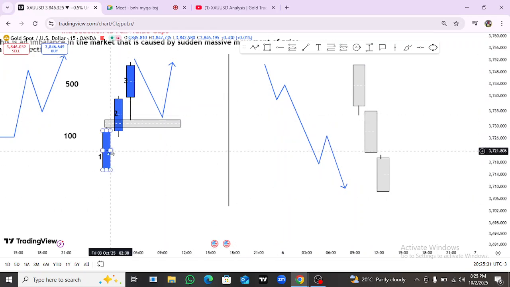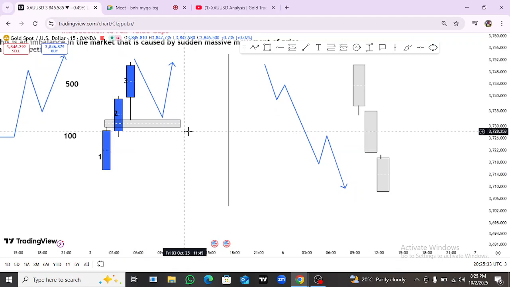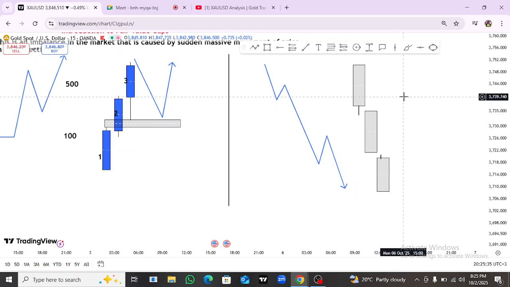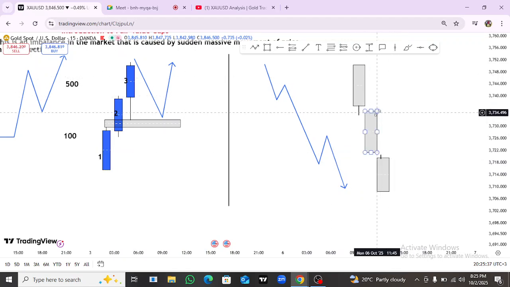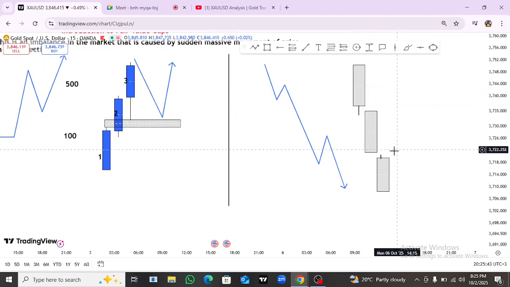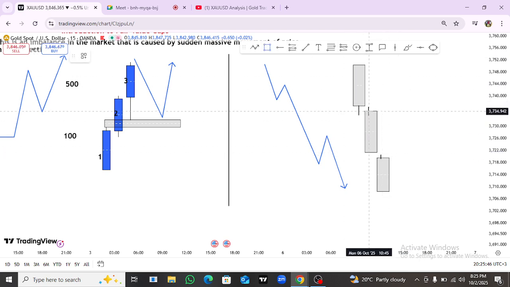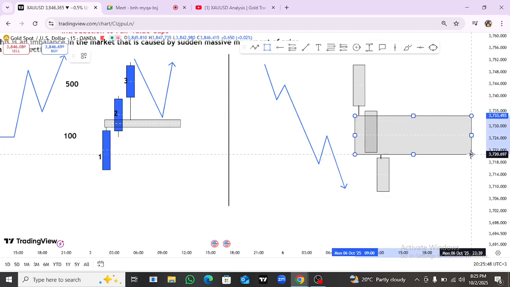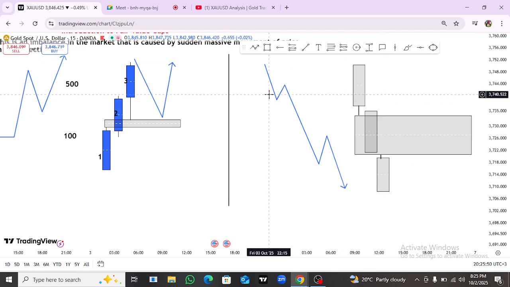That's why we started candlestick number 1 from below. So let's look together. If price is moving downwards, there should be no gap between this wick and this wick. If we can draw a rectangle between this wick and this wick, that means that there is an imbalance.